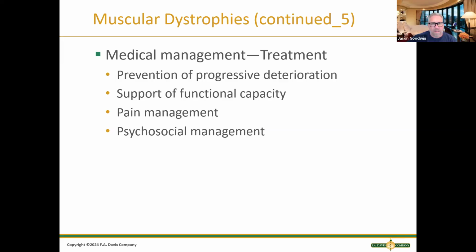Then we can use glucocorticoids because they decrease the rate of deterioration and increase functional ability. And then we're going to treat the comorbidities. Sometimes you can see seizures or cardiomyopathies. And then, of course, there's psychosocial management because of the chronic disease state and how hard it is to live that way.